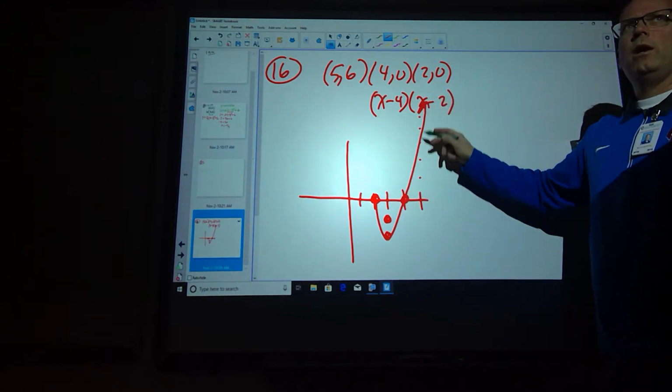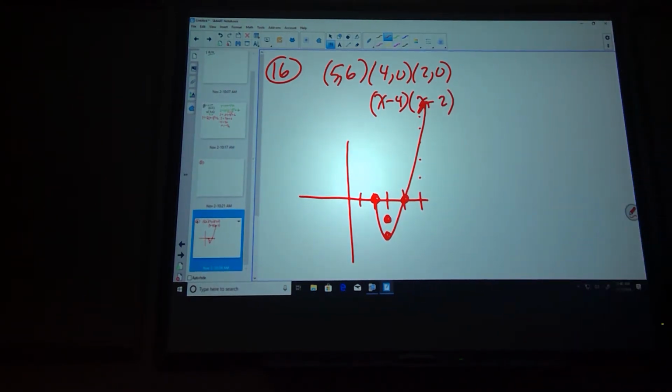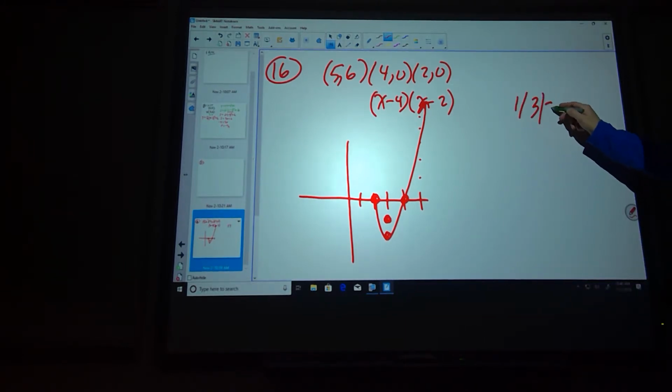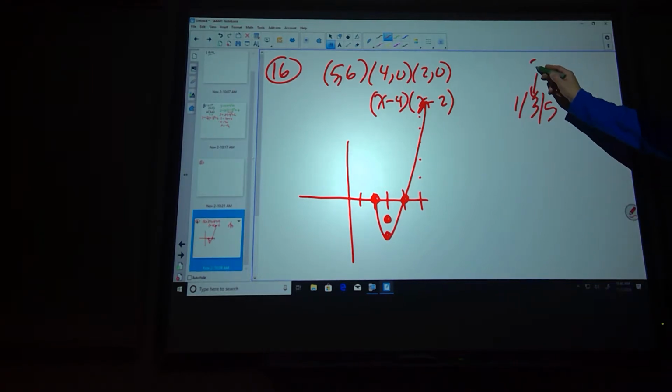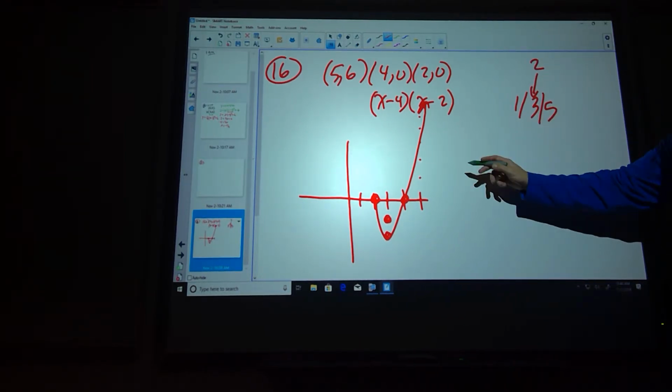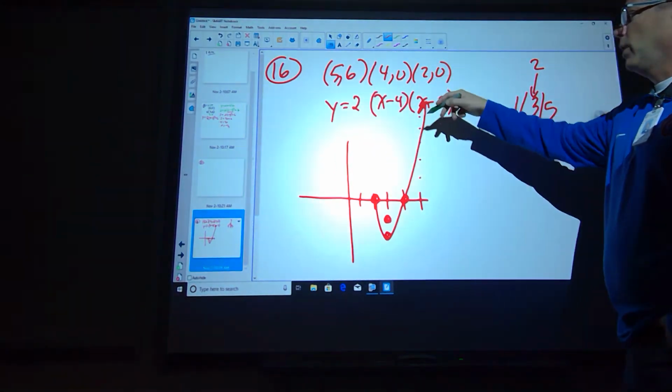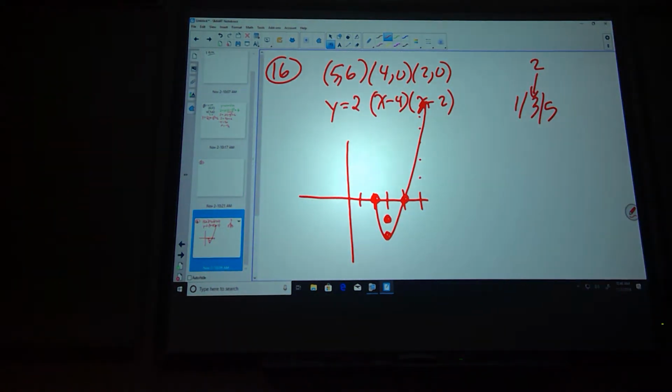How do I know this is down 2? Because if I go right one, up 6, how do I do that with my pattern graphing? Remember, it's 1, 3, 5. My second move needs to be a 6, so what does my a value have to be? 2, because 2 times 3. So y equals 2 times (x minus 4)(x minus 2).